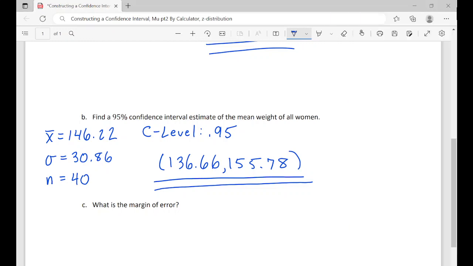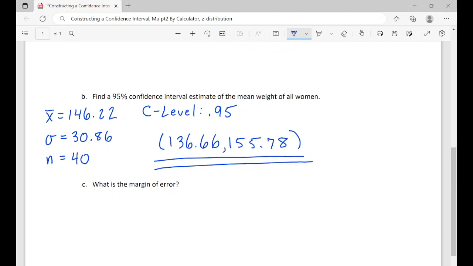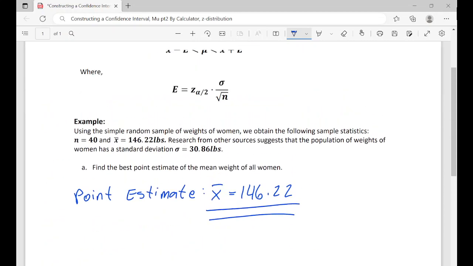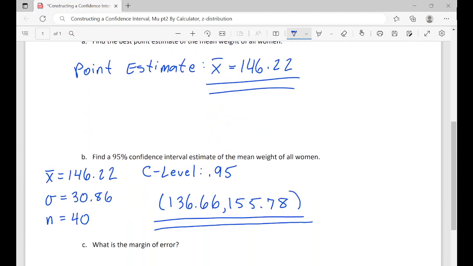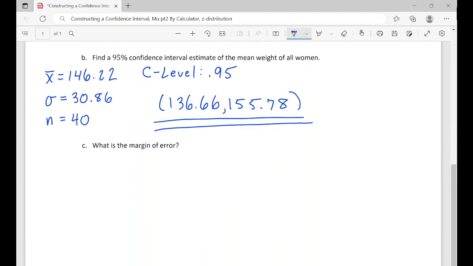Now the last question is asking us what the margin of error is. Well, we can use the formula for margin of error, this right here, if we want to. Nothing wrong with it, but we have a way around it if you don't want to use that. And that way is to use the confidence interval. So what we're going to do for the margin of error is we're going to take the largest value from our confidence interval, subtract it from the smallest, and then divide by 2.